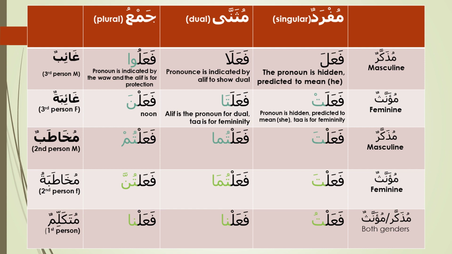Here we have he did, they two did, a group of them did, she did, they two feminine did, a group of females did, and so on until the end. But I'm not going to go through all of them, okay? We're going to take this row here and this row here, one by one. But this is the full scale for sarf. Once you've got this, whatever comes after that will become easy.